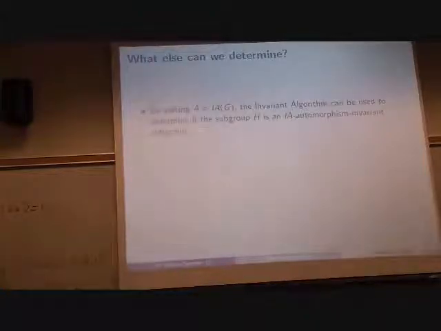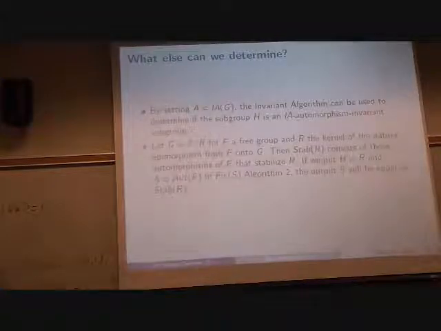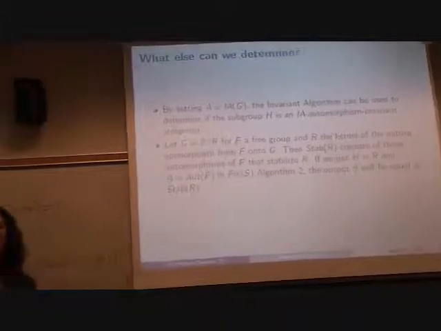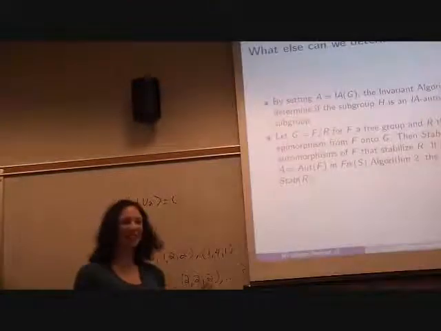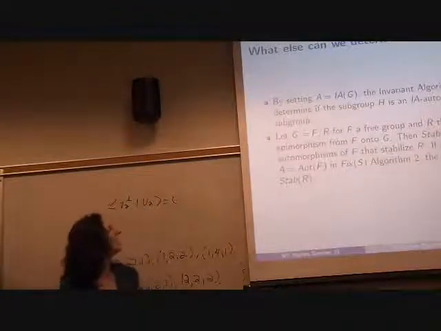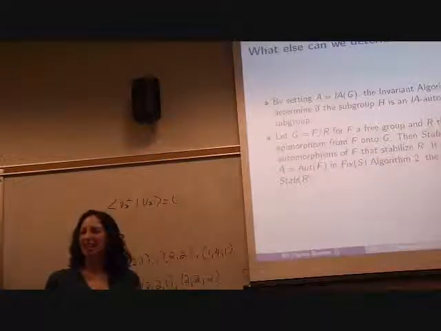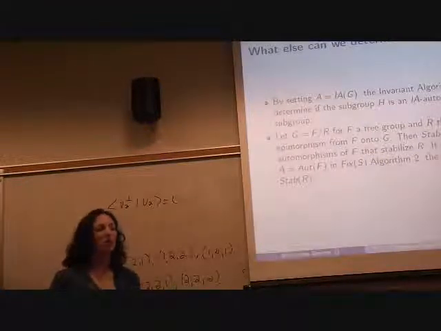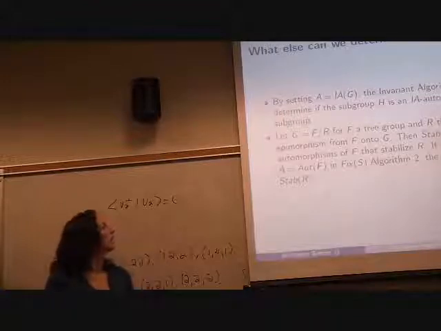And so, to conclude, there are a couple more things we can say. So this is really aimed more toward the group theorists, so I apologize for those of you who are non-group theorists. It turns out if we tweak these questions a little bit, then we can answer some questions about groups.